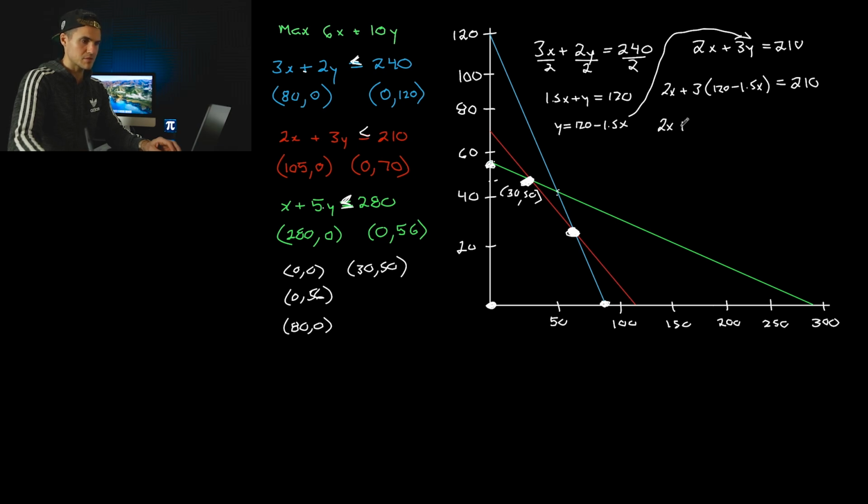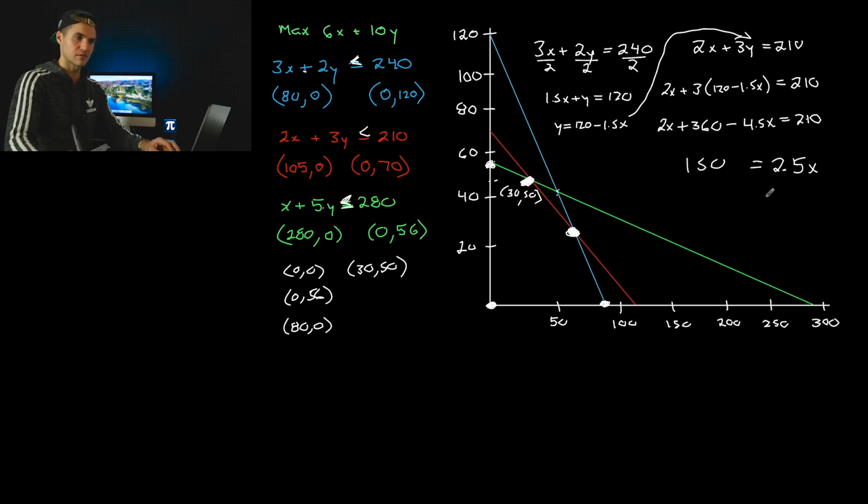So we'll have 2x plus 360 minus 4.5x is equal to 210, like that. Okay, 2x minus 4.5x is a negative 2.5x, so bring that over, so that'd be positive 2.5x, bring this over. 360 minus 210 would give us 150, like that.